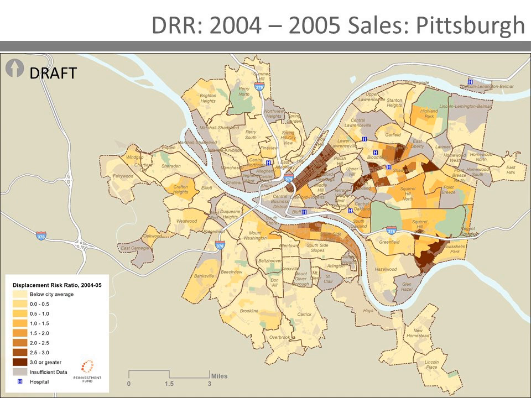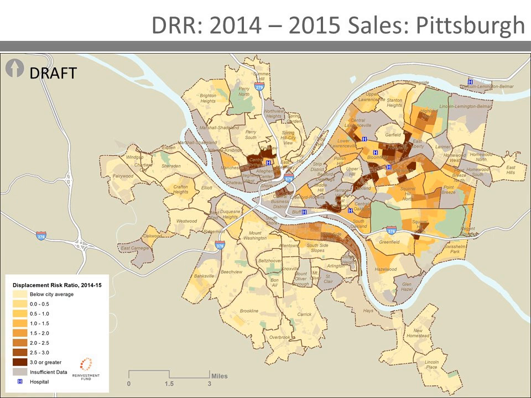Then 2004 and 5, and we actually do these every year, but in the interest of time, we're just skipping periods. 2008 and 9, and then 2012 and 13, and 2014, 15.